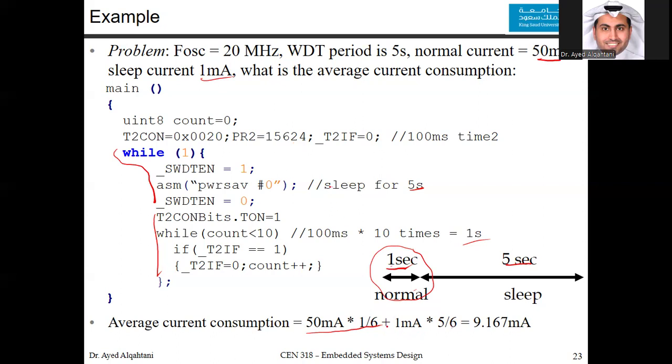And from that, you get the average current consumption, which is 9.2 milliampere. So compare that: the normal is 50 milliampere, and the average is only 9.2 milliampere. And the sleep is only 1 milliampere.